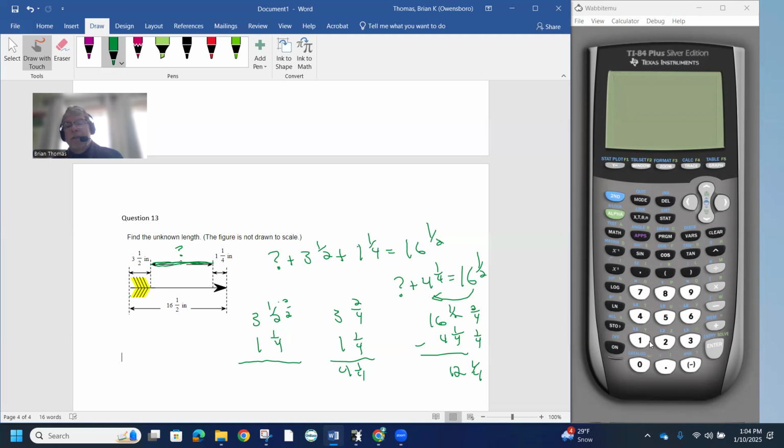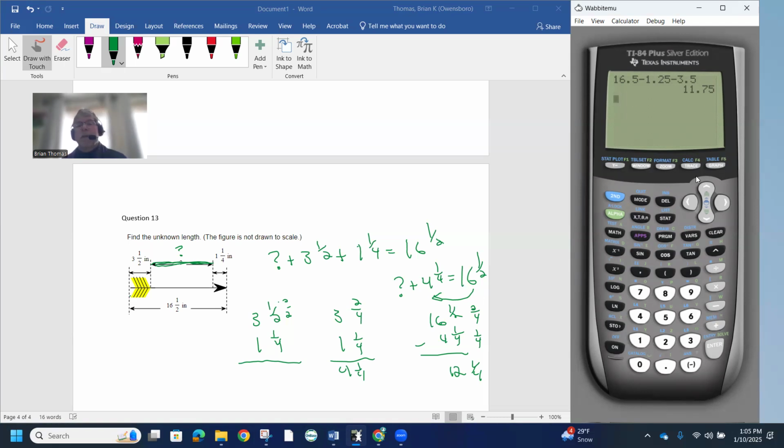So if I subtract 1 1/4, remember a quarter is 0.25, so I could just go 1.25. And then 3.5 is the same thing as 3.5. So if I subtract then 3.5, that'll give me 11.75. Did I do something wrong there?